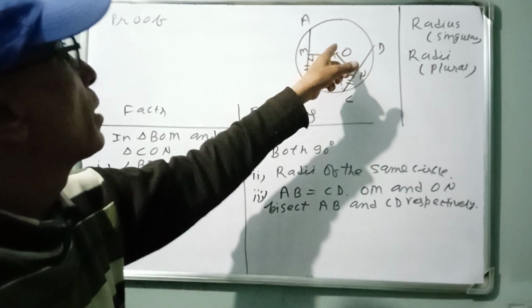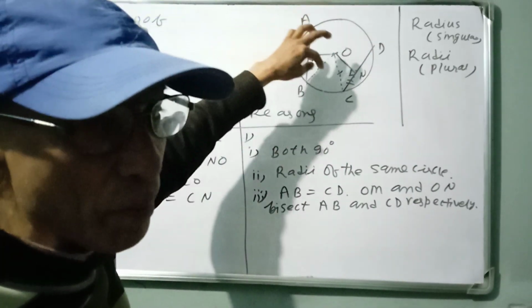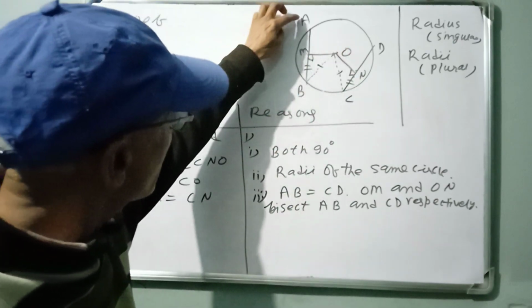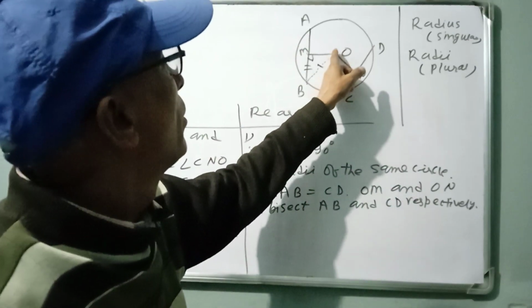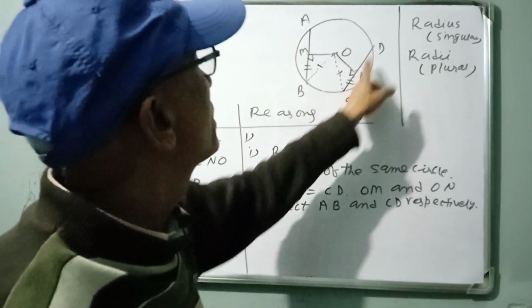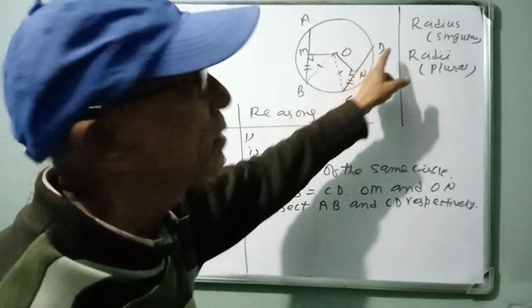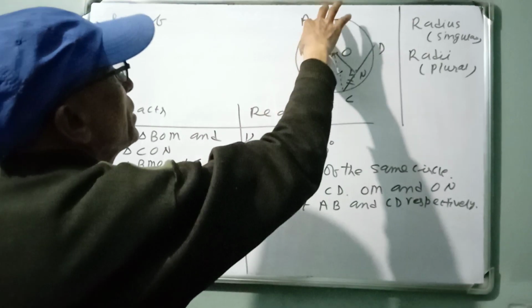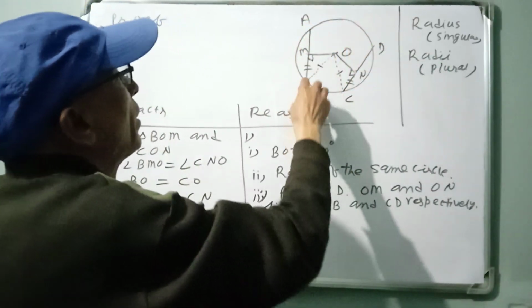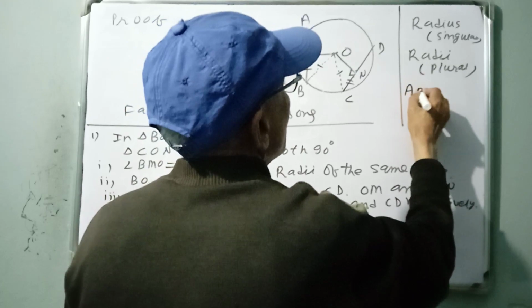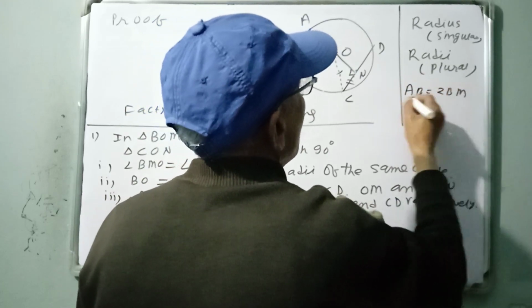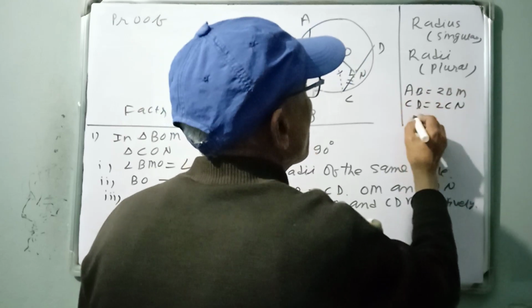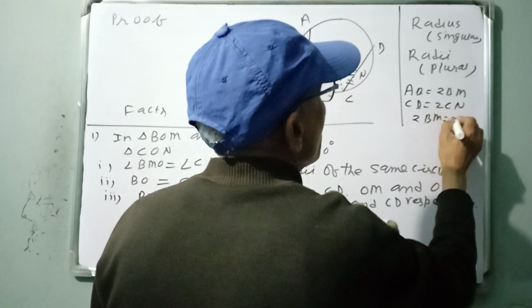OM is perpendicular to AB, therefore OM bisects AB. It means AM equals BM. ON is perpendicular to CD, so ON bisects CD. It means CN equals DN. Since AB equals CD, you can write AB equals twice BM and CD equals twice CN. So BM equals CN.